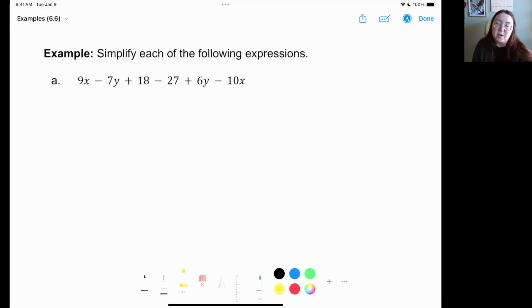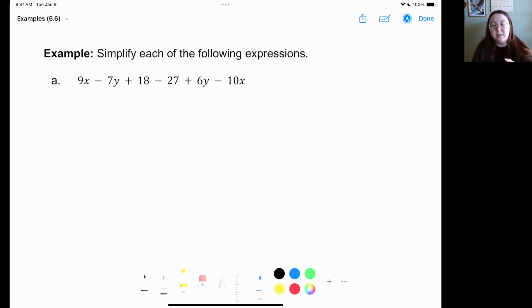All right, so we have our expression here for A, 9x minus 7y plus 18 minus 27 plus 6y minus 10x. So there's quite a few things in there. We're going to go ahead and identify our like terms. So remember, our like terms are going to be any terms that have the same variable with the same exponent, and then numbers by themselves are like terms as well.